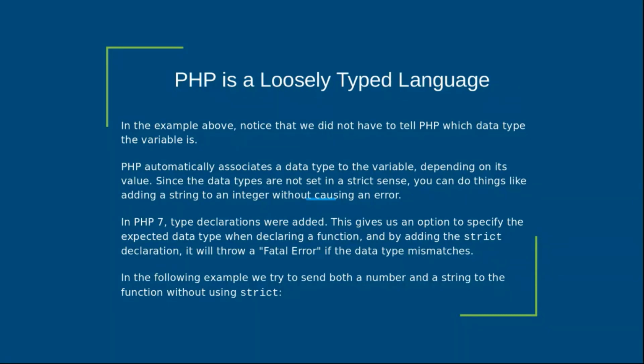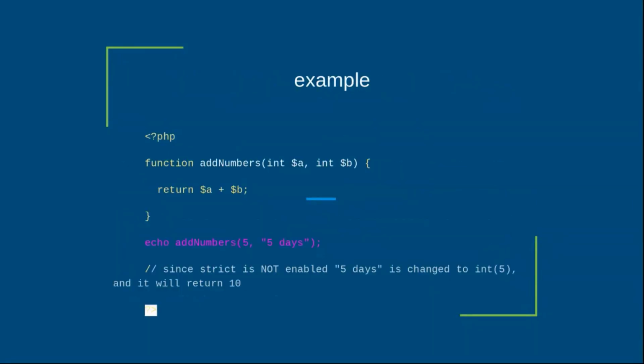And by adding the strict declaration, it will throw a fatal error if we don't pass in the type that we wanted. So we have a simple function here, add number, and you see that we want to get an integer value, right? This is what they call typecasting in PHP, and you will want to use that in several cases.